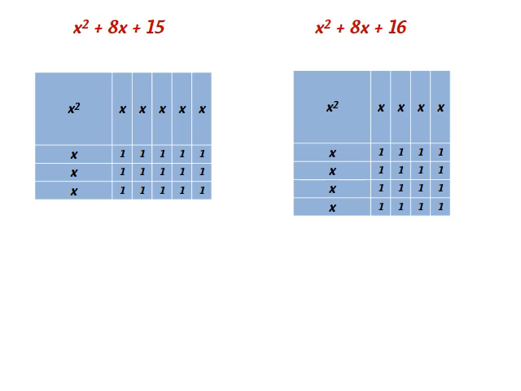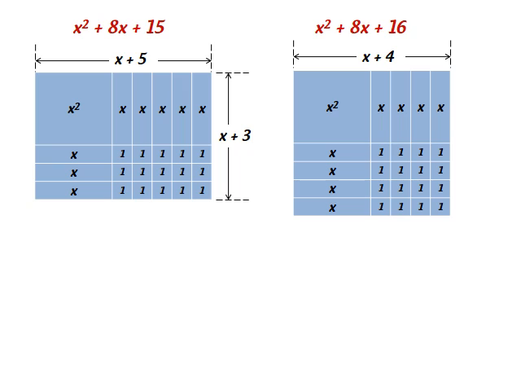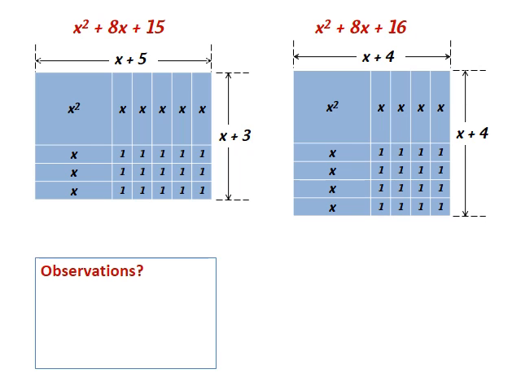And how do we find the factors for these? We measure the length and the breadth. So what are your observations for the first expression? In one of the hints, I had asked you to check how the middle term, that is 8x, is getting split.